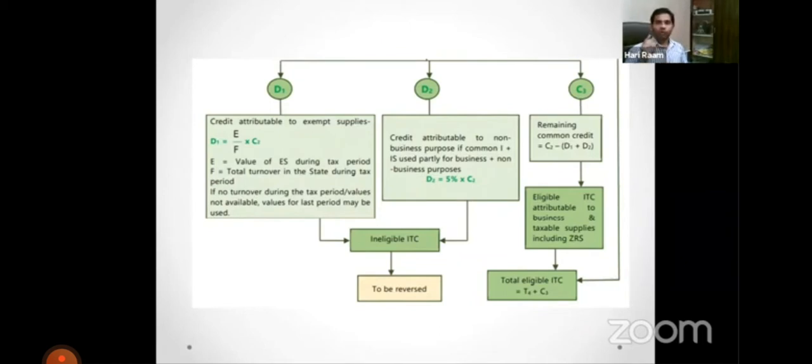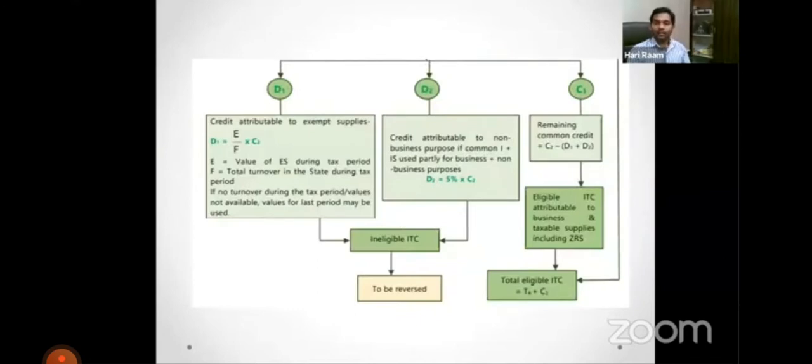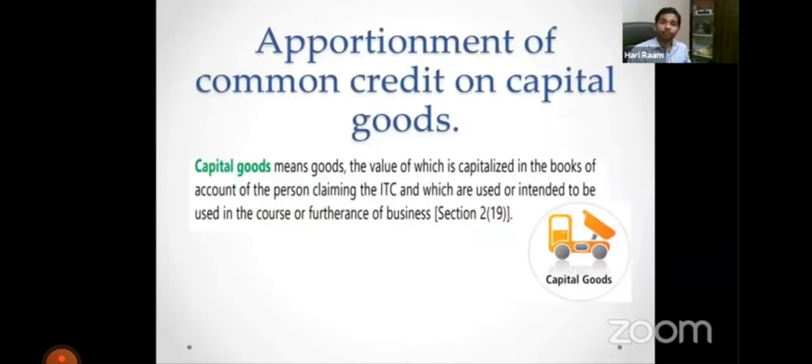So from D1 and D2 we are segregating ineligible credit. The balance remaining common credit is eligible to take the ITC. So total eligible ITC will be T4. T4 means, as we saw, zero rated supply, and the balance, that is C2, from which we remove D1 and D2. The balance, C3, is eligible credit.